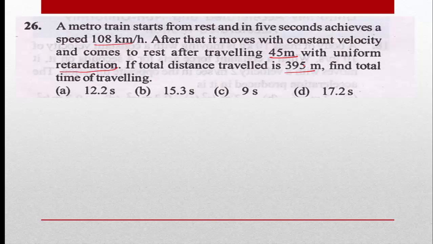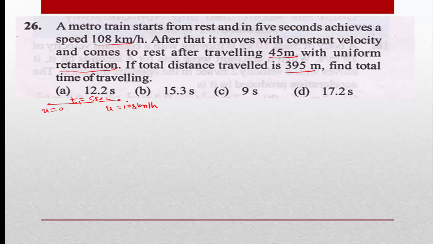Here there are totally three parts. A metro train starts from rest, so u equal to 0. In 5 seconds, time t1 is equal to 5 seconds, it achieves a speed of 108 kilometer per hour.